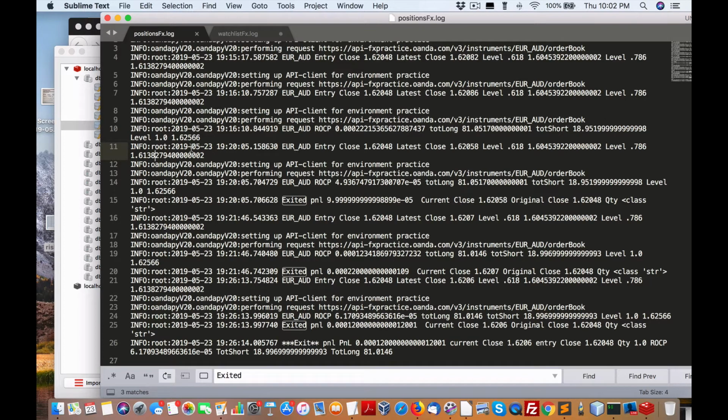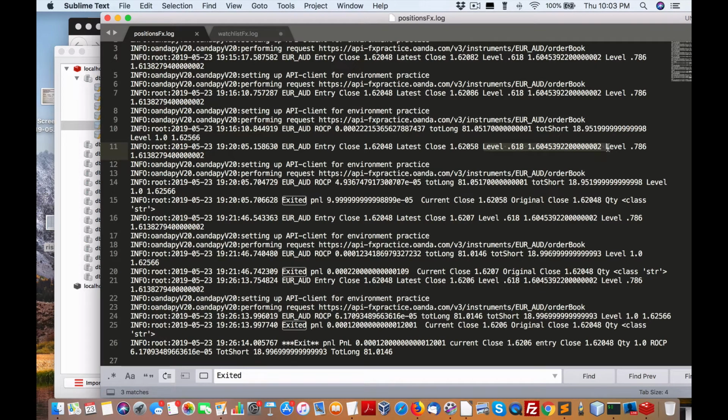At this time here, at 5:23, 1920, we had an entry for this position. The entry was at 1.62. The latest close was at 1.620. The entry at fib level 618 is the price that we entered at.